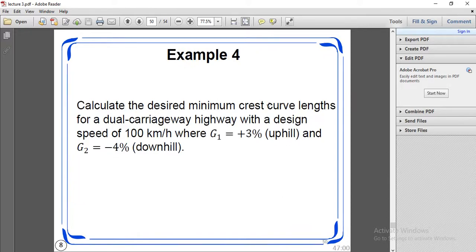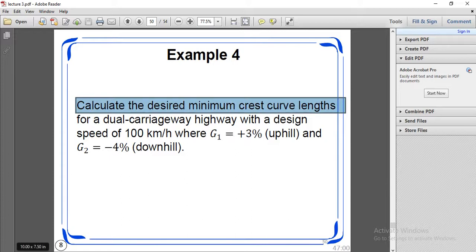Calculate the desired minimum crest curve length. We can calculate the desired minimum crest curve length from this example 4. Okay, just a minute.